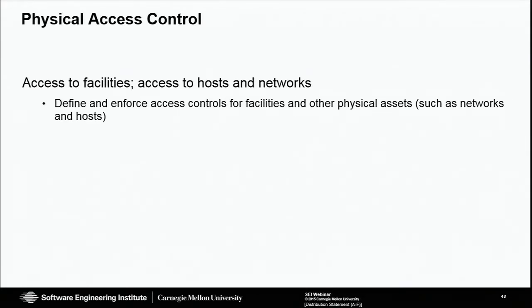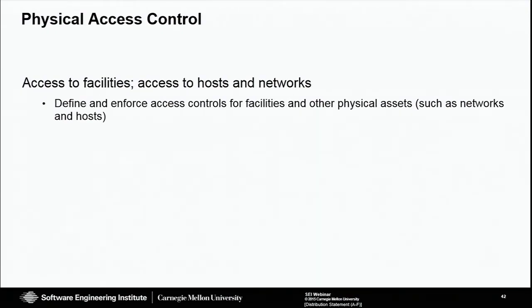We do have a placeholder for physical access control. Typically, all of the physical security, facility security, is managed outside of the CISO's organization, sometimes by a chief security officer or a facilities manager.